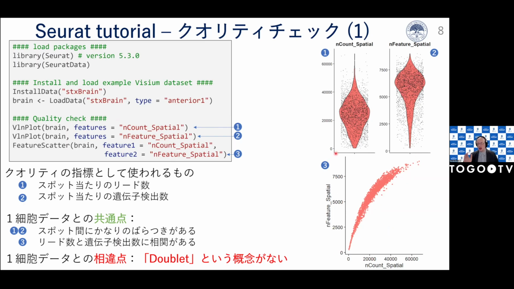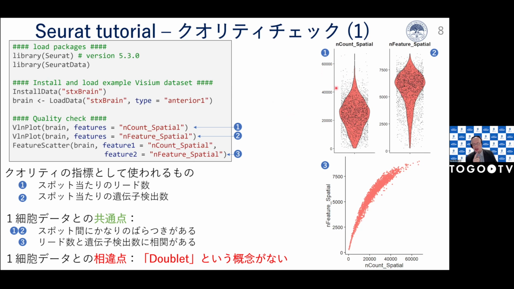So I think if you have performed single-cell data analysis before, these will look very familiar to you because we might do the same thing for single-cell data analysis. And we can also see that there is some variation between the spots. Here, every point is one spot.